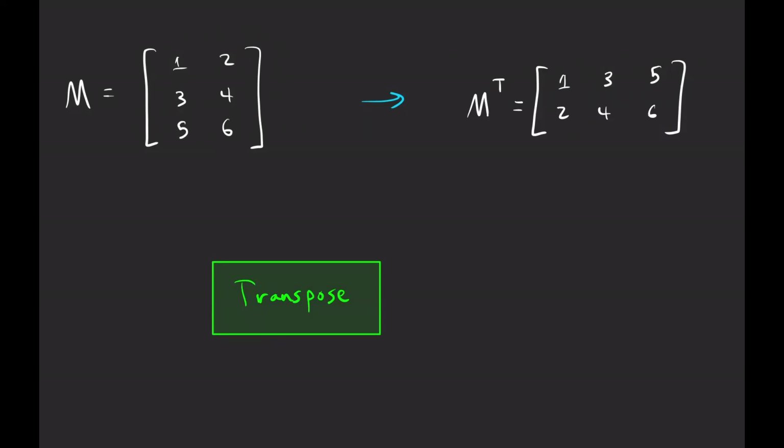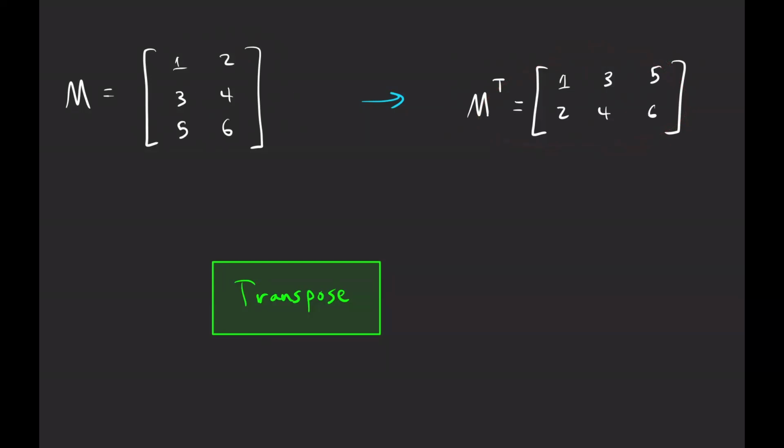So you can take a matrix M and you can say, I'm going to transpose it. We label that with M exponent T, and then boom, we have the transpose of it. And all a transpose does is it switches the rows and the columns with one another. So that's fun. There we go. There's another operation of matrices.